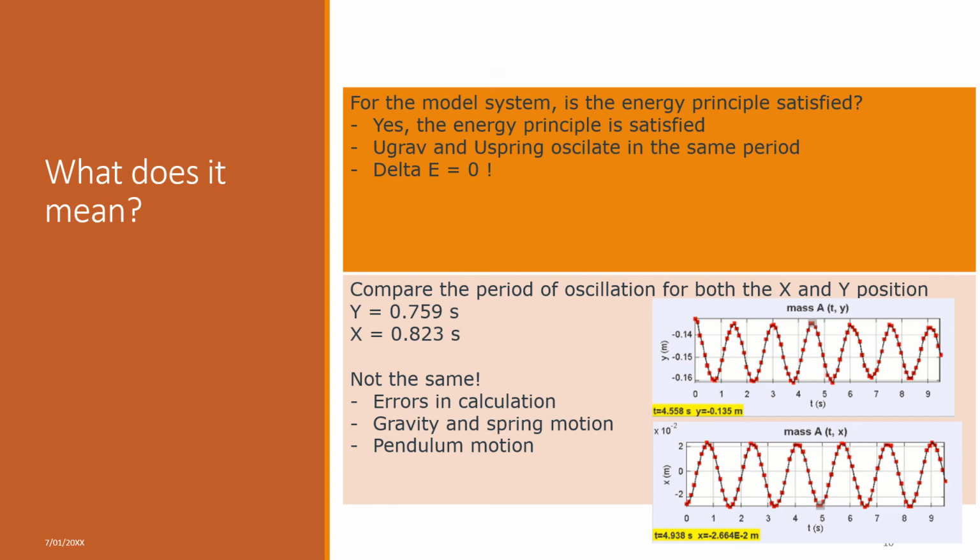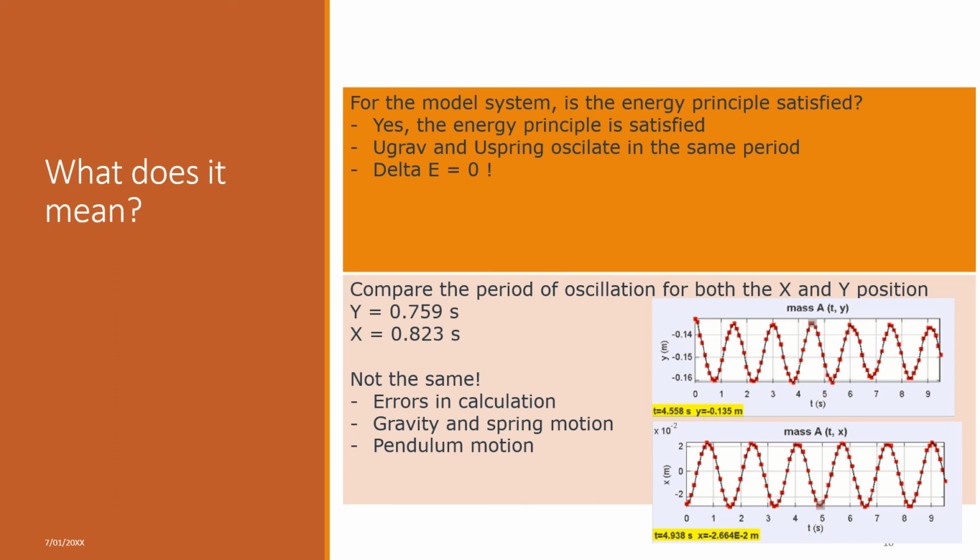For the what does it mean questions, for the model system, yes, the energy principle is satisfied, and we can see this in the energy graphs since U gravity and U spring oscillate in the same periods yet in opposite phases. Overall, we also see that delta E is 0 since no energy is being exchanged between the system and the surroundings. Analyzing and comparing the periods of oscillation for the x and y positions, we know that the x and y periods are not the same.